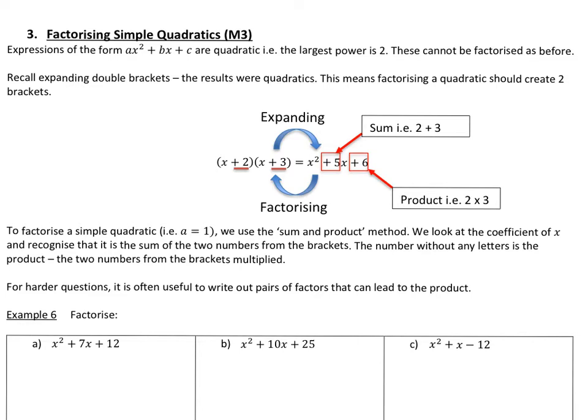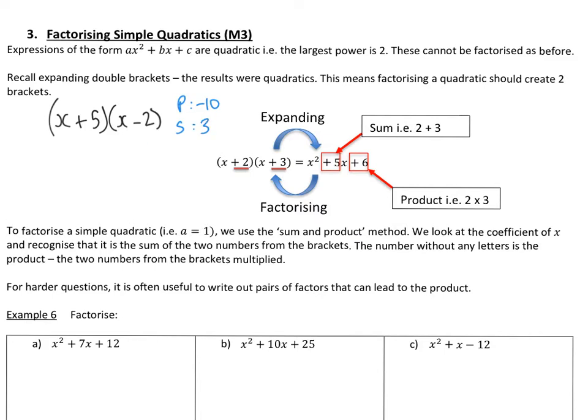So if we had x plus 5 and x minus 2, the product of these two numbers, 5 and minus 2, is minus 10. And the sum, if we add 5 and negative 2, we get 3.